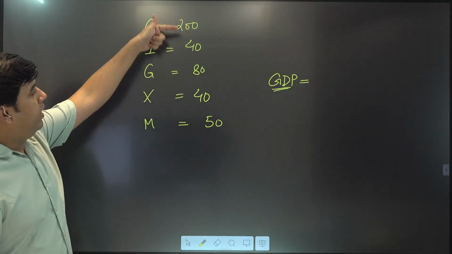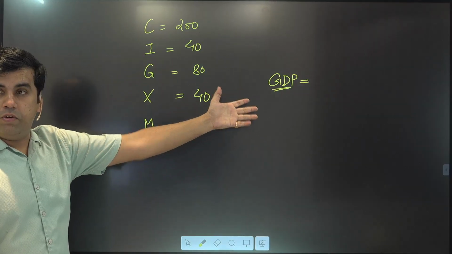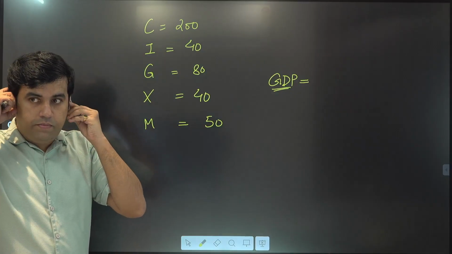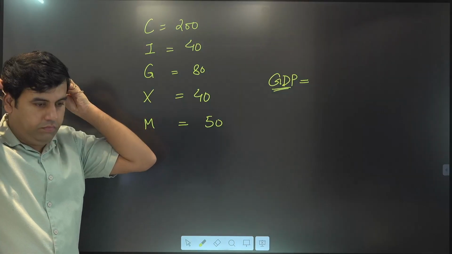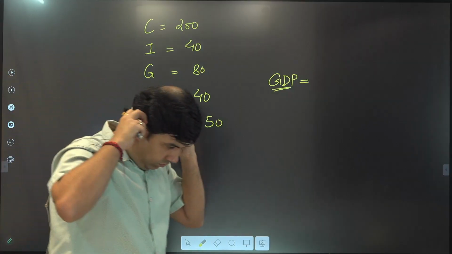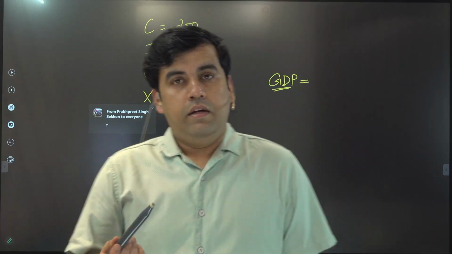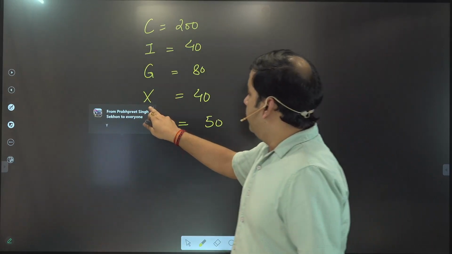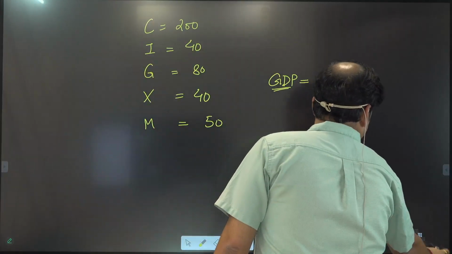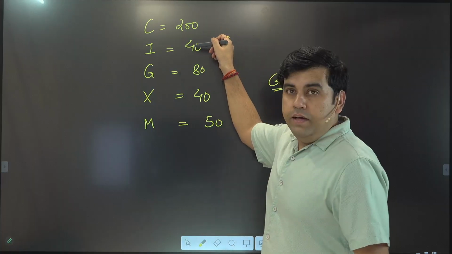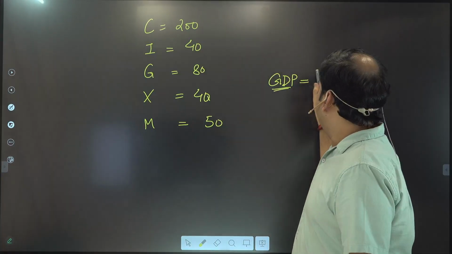So 200 plus 40 is 240, plus 80 is 320, plus 40 is 360, minus 50 gives 310.